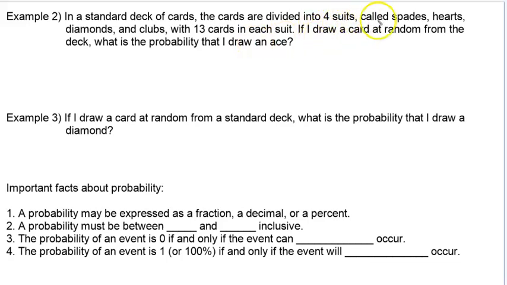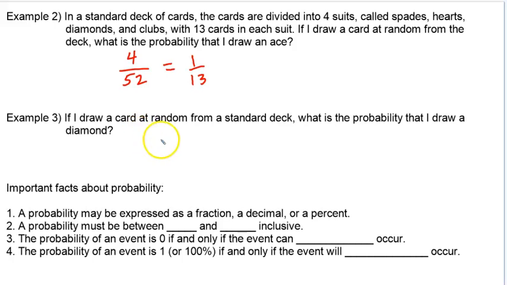Well, each one of these suits has an ace, so there's 4 total aces. And then there's a total of 52, so the favorable outcomes would be 4, and the total number of possible equally likely outcomes would be 52. And so now we just do the reducing. 4 over 52 would be 1 out of 13. And of course you could express these as percents or decimals.